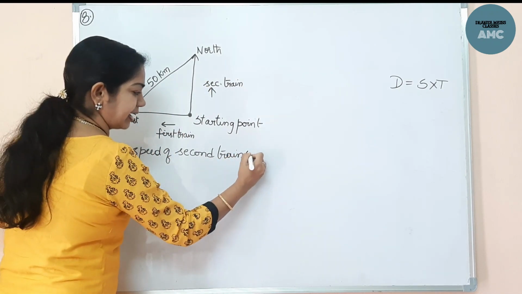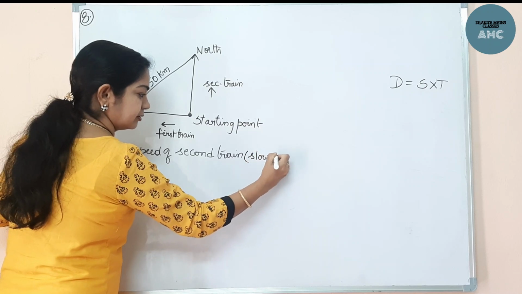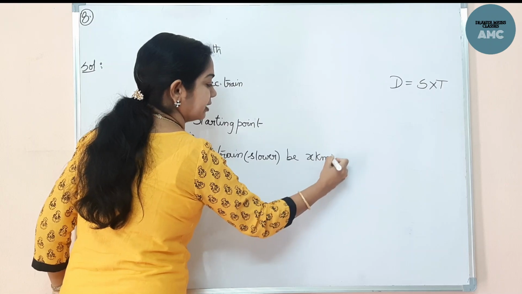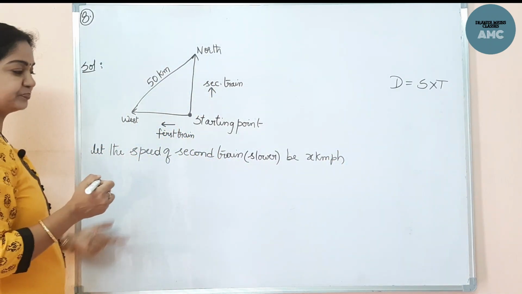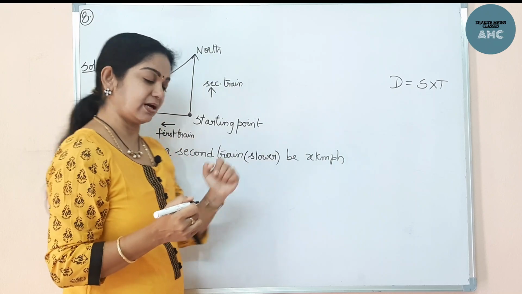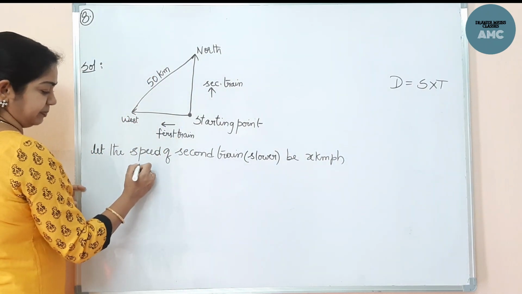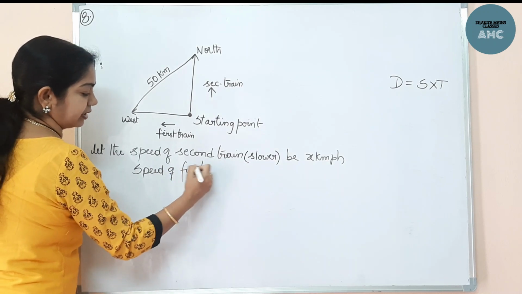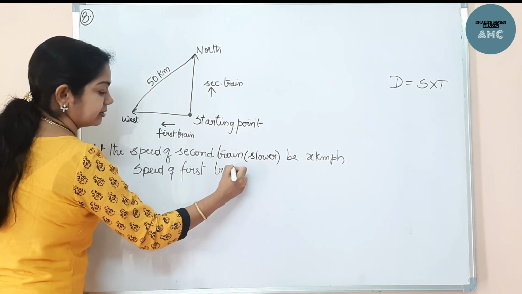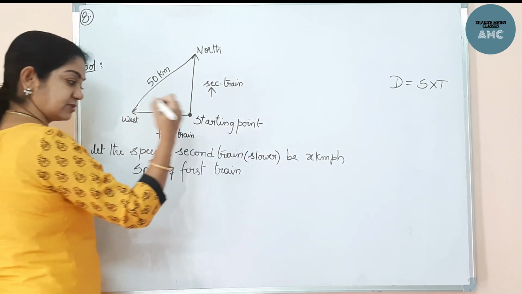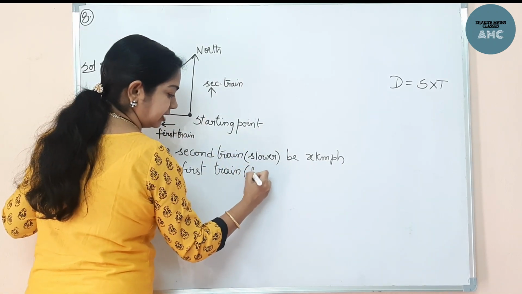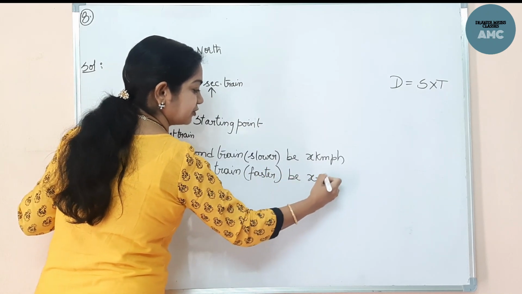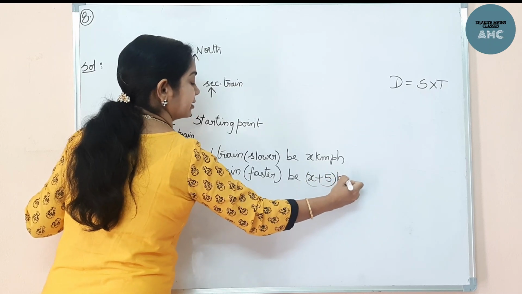So I will take the second train's speed as x kilometers per hour. Therefore, the speed of the first train, traveling 5 kilometers per hour more than the second, is x plus 5 kilometers per hour.